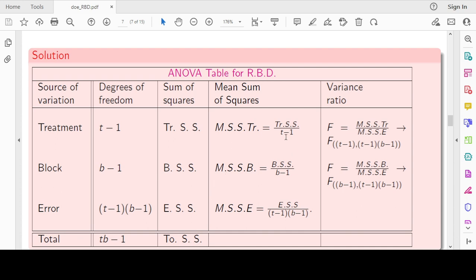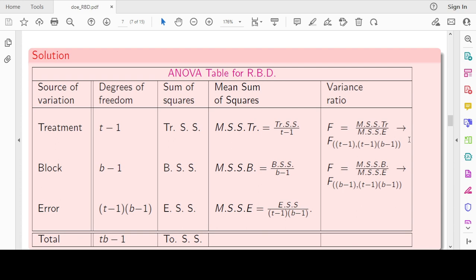Then we obtain mean sum of square due to treatments, that is treatment sum of square divided by its degrees of freedom. Similarly for block and error also we obtain mean sum of squares, and then we obtain the F ratio here, the variance ratio as we call it. F is obtained as mean sum of square due to treatments, this value, divided by mean sum of square due to error, and whatever F we get follows F distribution with parameters T minus 1 comma T minus 1 into B minus 1.